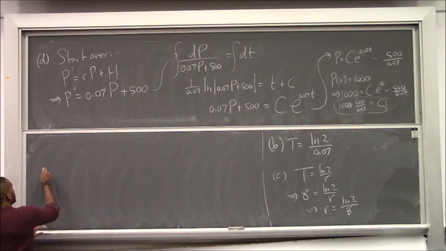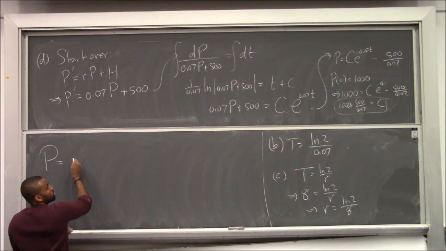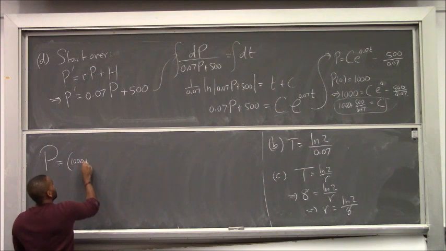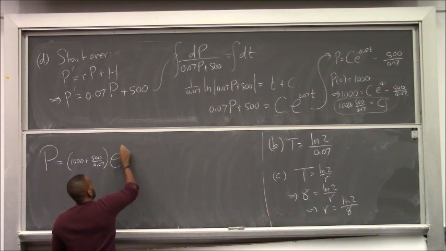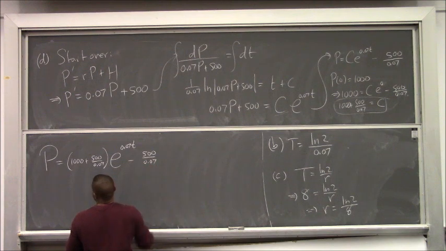So that's your C. So really, the balance in your account looks like whatever that number is, 1,000 plus 500 over 0.07, times e to the 0.07t, minus 500 over 0.07.